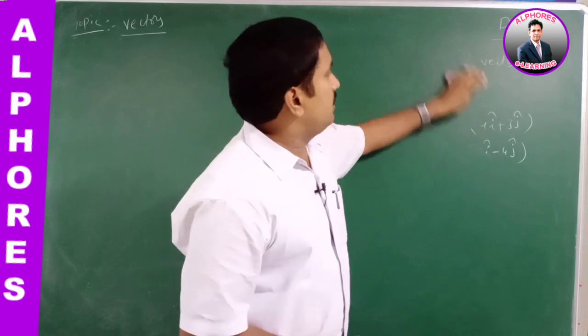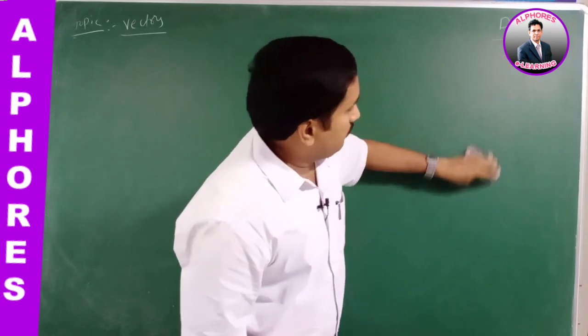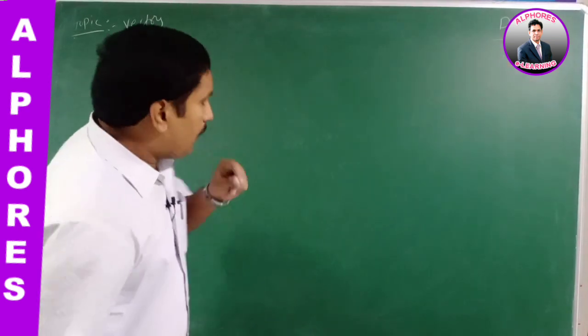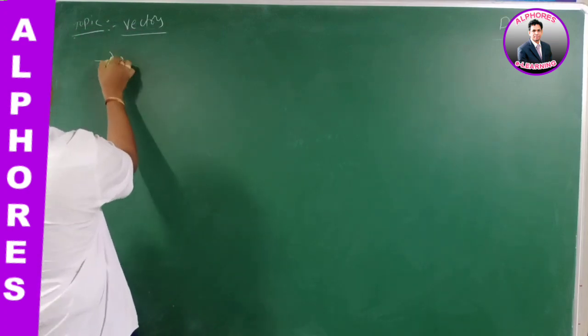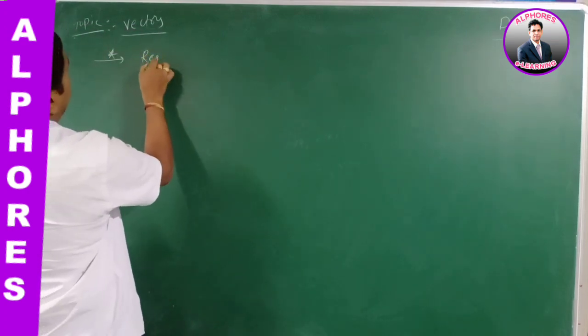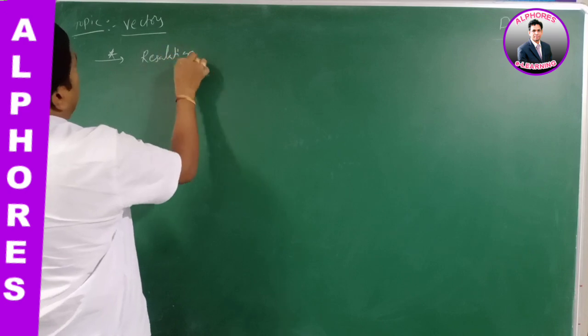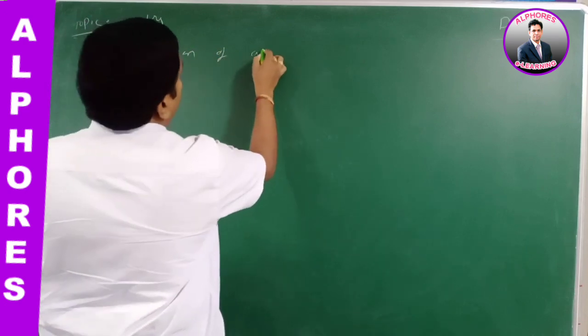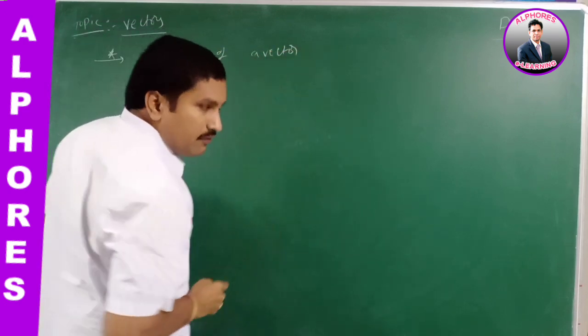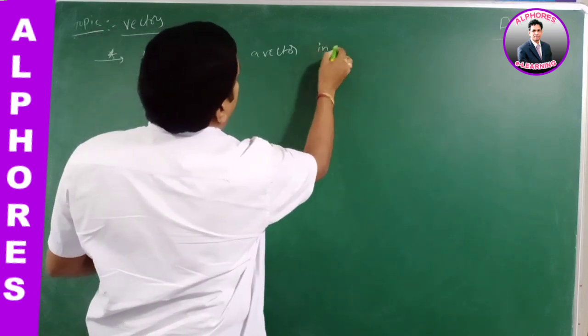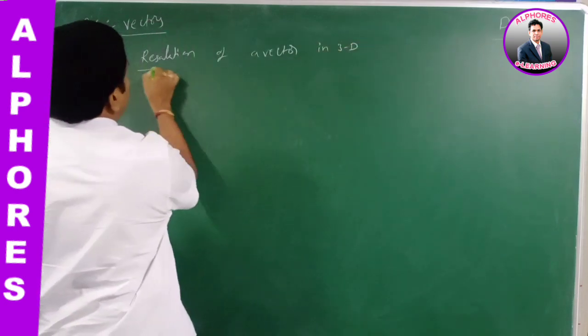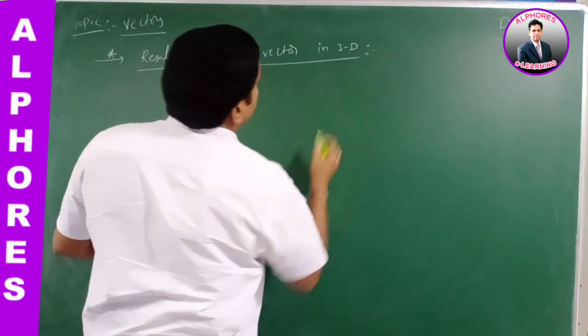So listen carefully, this is the simplest way to explain. Next one is resolution of vector, resolution of vector in 3 dimension, 3D.